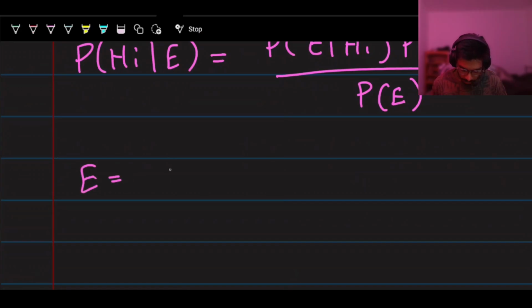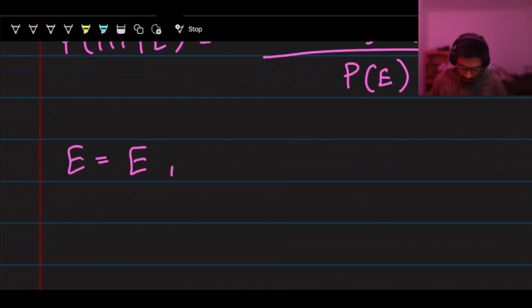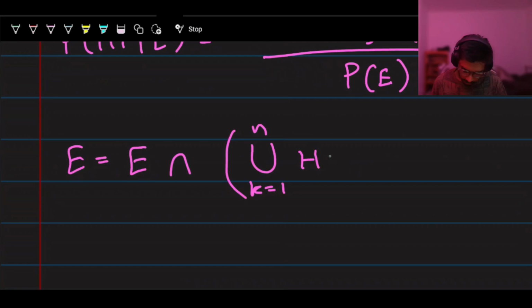Now, what is E? E is the same as the intersection of E with the union of all of our hypotheses.